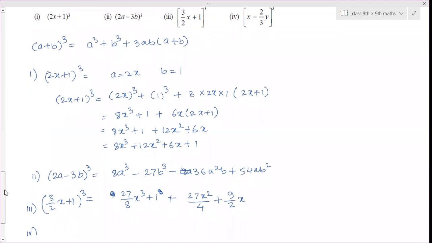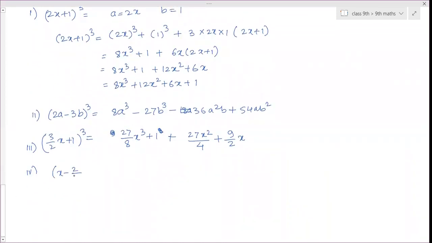Fourth one is x minus 2 by 3y. This is equal to x cube minus 8 by 27 y cube minus 3 square 3 2 2xy x square y, and plus 4 by 3 xy square. Is it right? Everyone got the answer? Yes, ma'am.